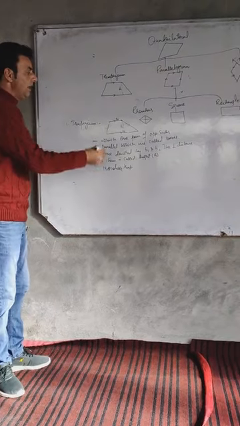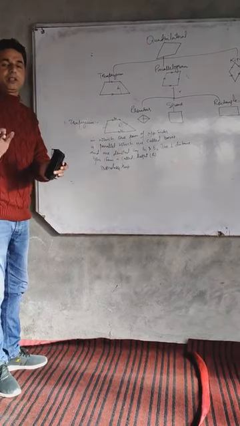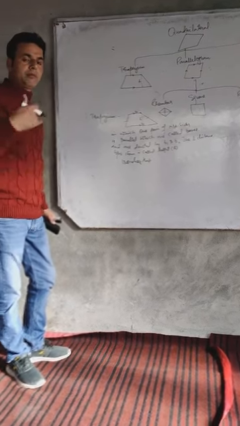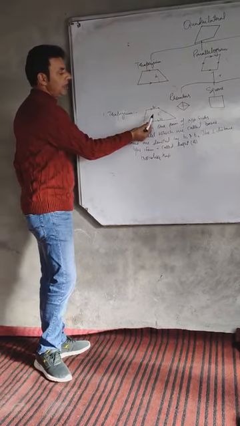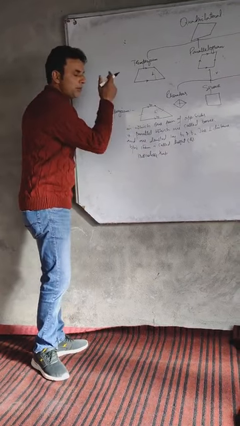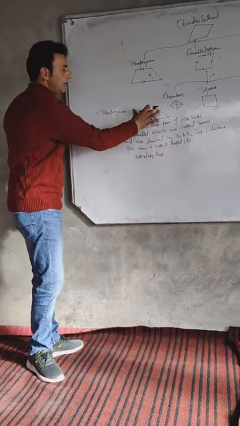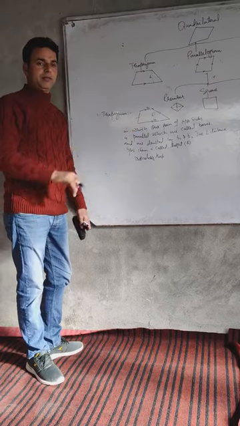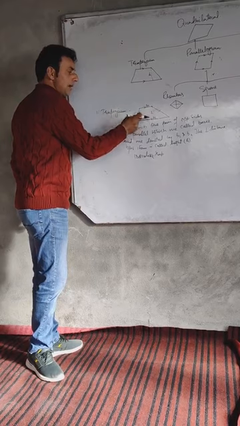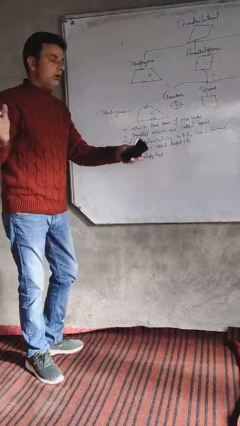I will repeat. Trapezium is a quadrilateral. You do not have to say it is a four-sided figure, because quadrilateral means four-sided closed figure. Trapezium is a quadrilateral in which one pair of opposite sides is parallel and another pair is non-parallel. जरूरी जो बात आपने जाननी है, one pair is parallel and the other pair is non-parallel.